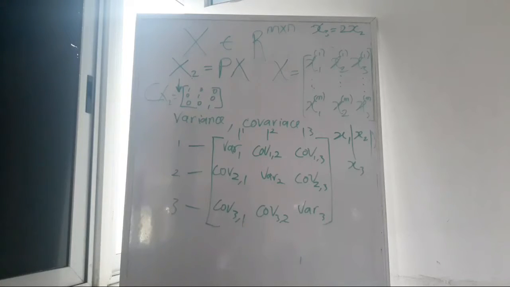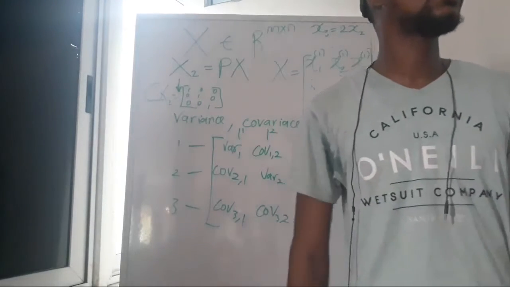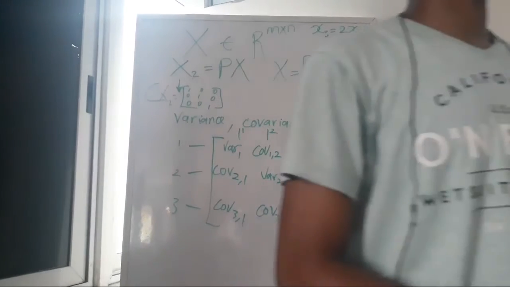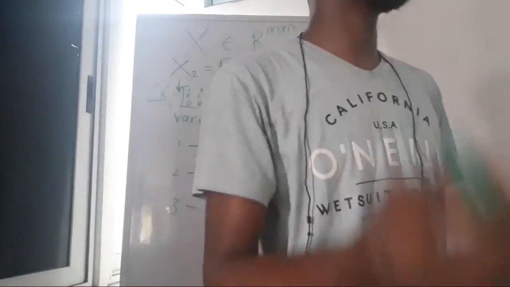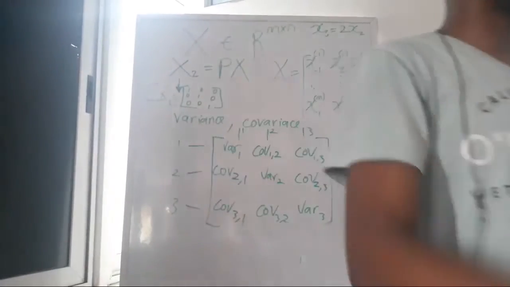An example of practical dependent variables: maybe you have length in inches and in meters, because one is just a multiple of the other.